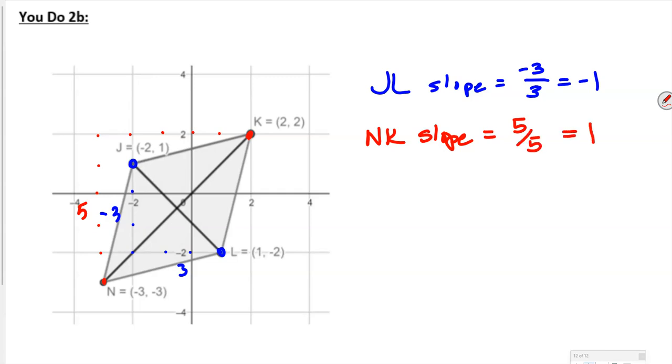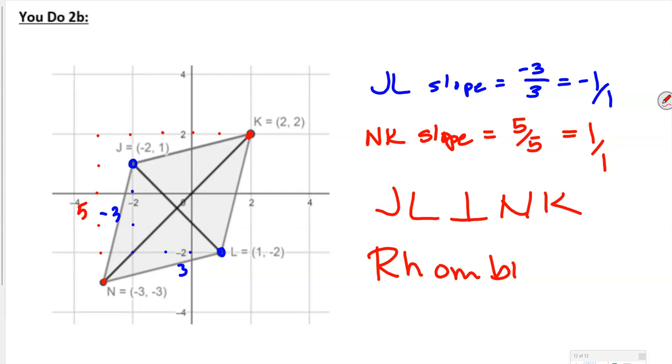And that's +1, right? So remember, both of these are over 1, okay? So what really happened? They did flip, didn't they? They're negative reciprocals of each other, right? One was positive, one was negative, right? Okay. So that means JL is perpendicular to NK. And that's all we really need to say this is a rhombus. And we know it's not a square because the sides are not perpendicular. Okay. That's it.